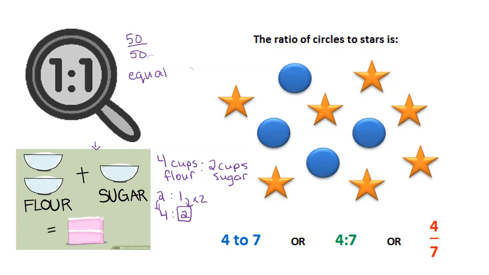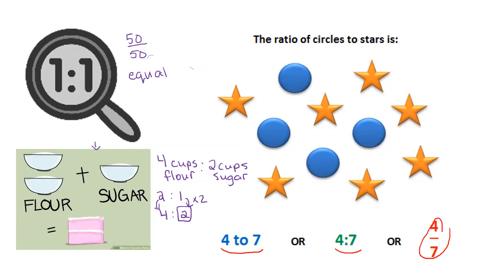Okay. Looking at these stars and circles, it says the ratio of circles to stars is, and we're looking way down here at the bottom, 4 to 7. So there are 4 circles and there are 7 stars. So they've written it with words, then they've written it with a colon, and then they've written it as a fraction. Sorry, my circle is bad.